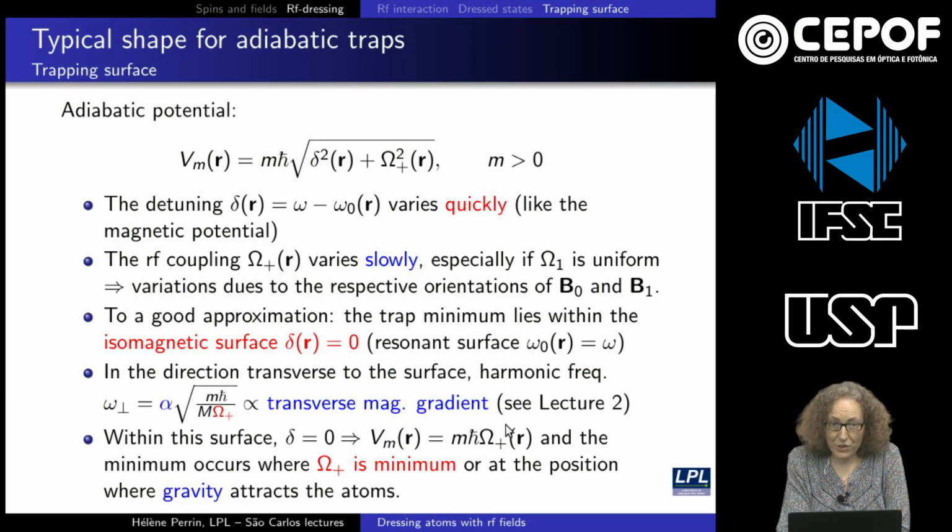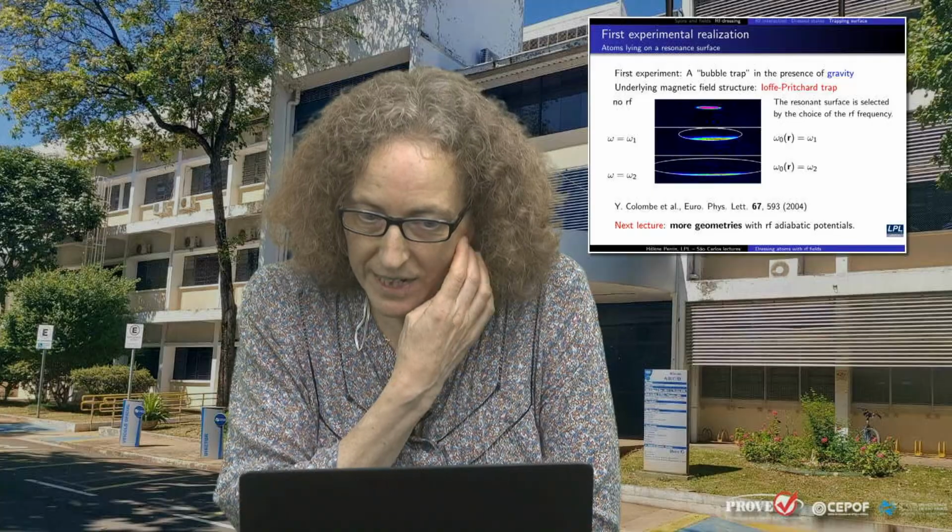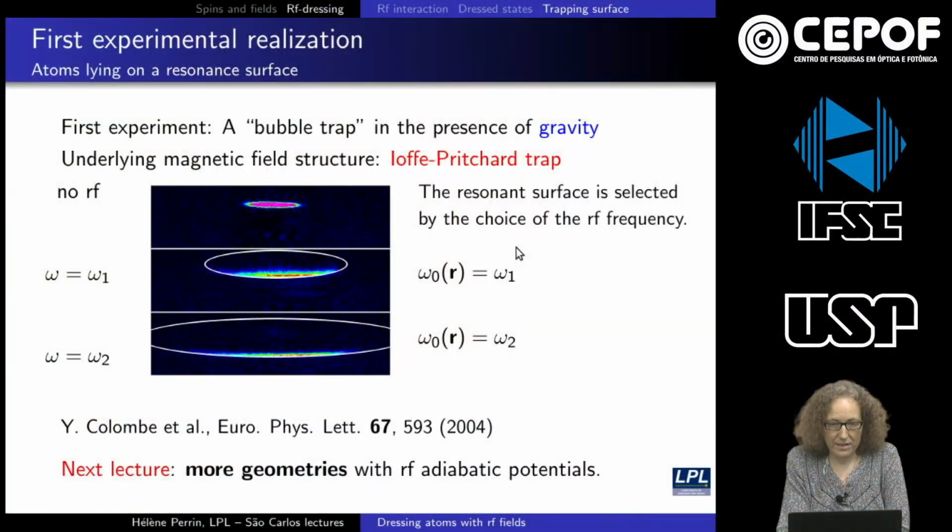So if there are variations of omega plus inside the surface, this will give us the locations where the potential minimum will be. But if you are on Earth, where gravity is present, you have to remember that you will have to add this RF adiabatic potential to gravity, and this may also change the equilibrium position of the atoms if gravity is preponderant.